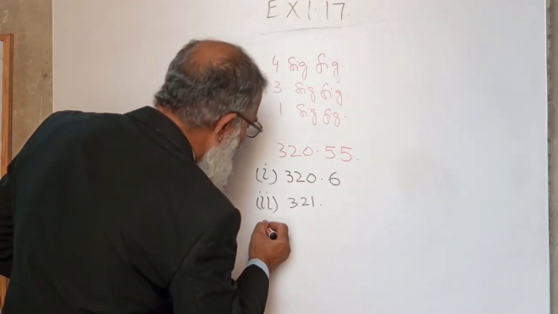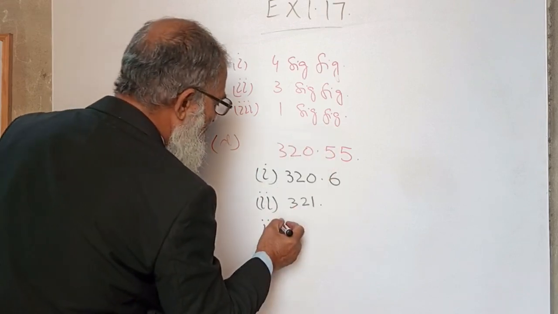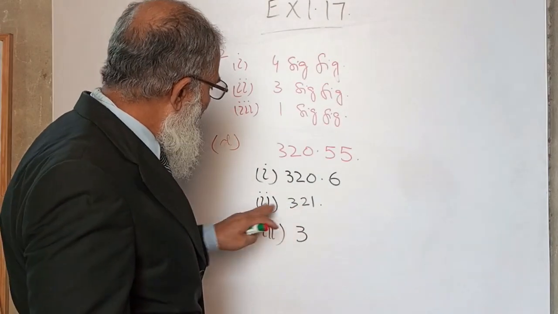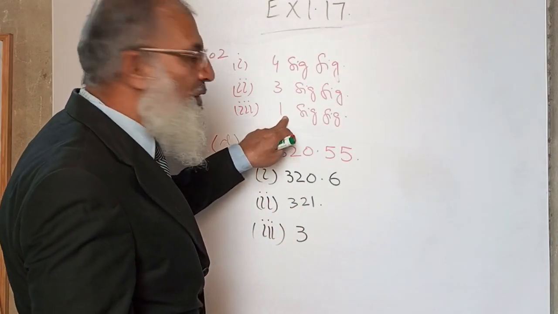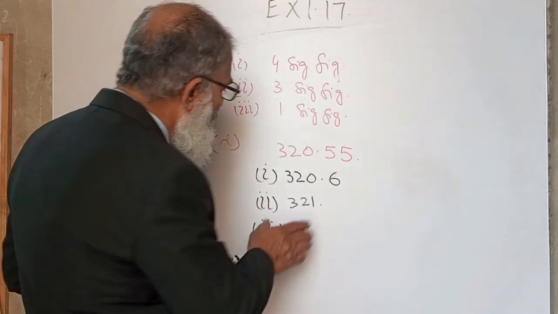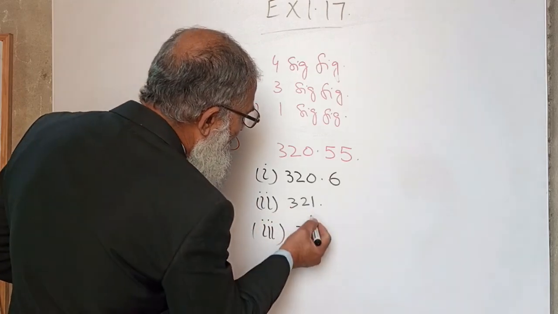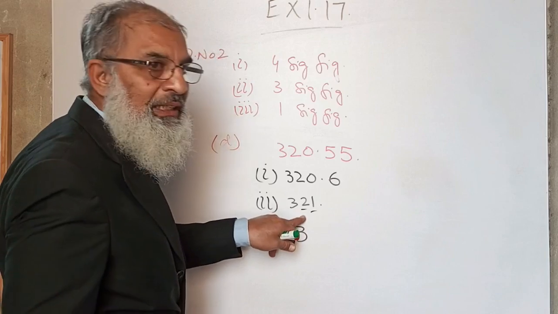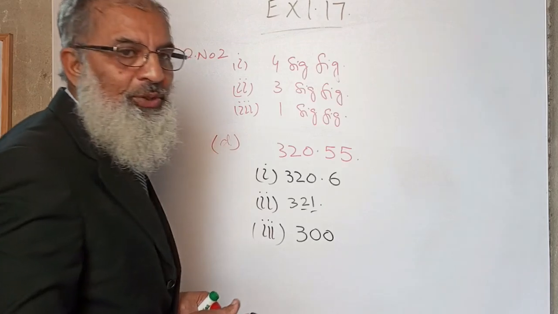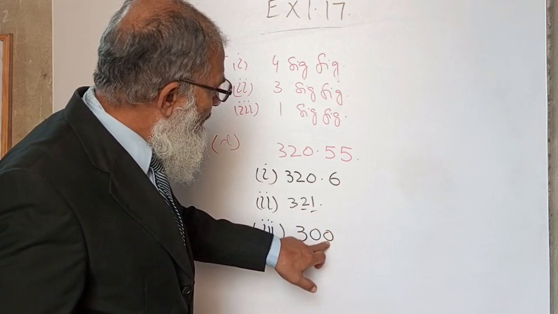Now one significant figure. In the third part, what you have to do is write it into one significant figure. So what we do here is we write 3 and we ignore this because these are less than 5. So we write 2 zeros over here. We'll ignore this and round it to 0.